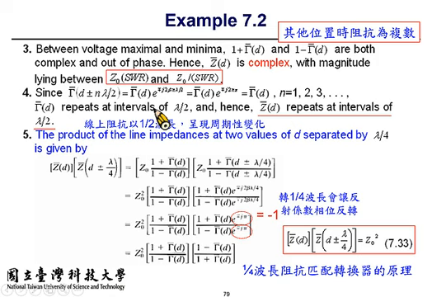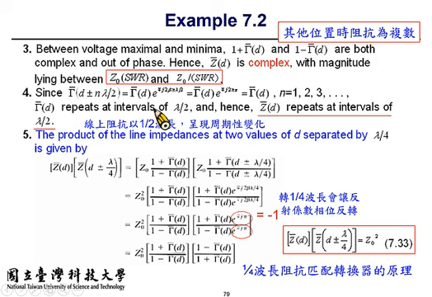So let's begin. Z of D can be converted to Z0 times 1 plus gamma D over 1 minus gamma D. And similarly, the second input impedance, at D plus lambda over 4, you can also write this way. However, because of the distance, the signal will have a difference of a quarter wavelength.